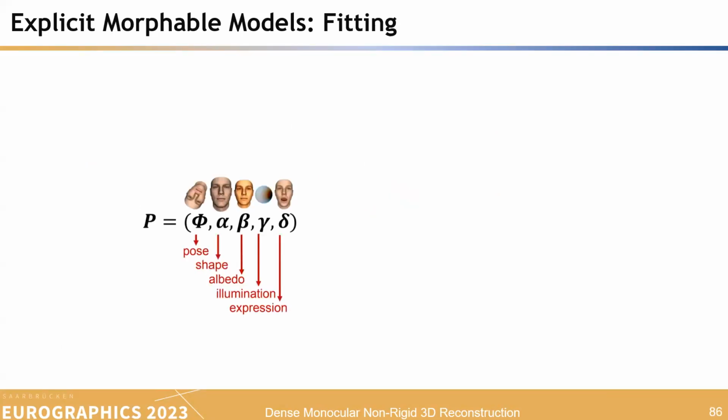Once you want to solve the problem of getting the reconstruction from a single image, typically it involves optimizing for a set of parameters. Apart from the parameters for shape, expression, and albedo, these methods also try to optimize for the rigid transformation and parameters for the illumination model.